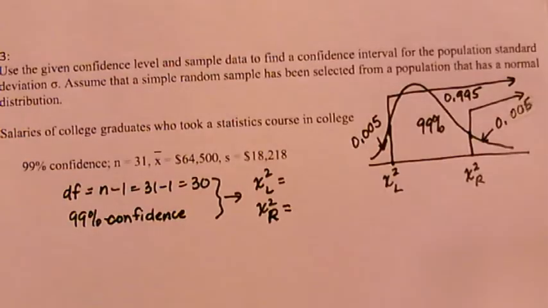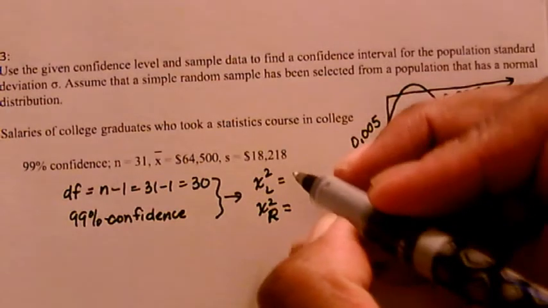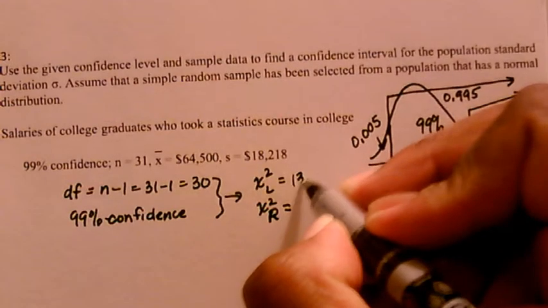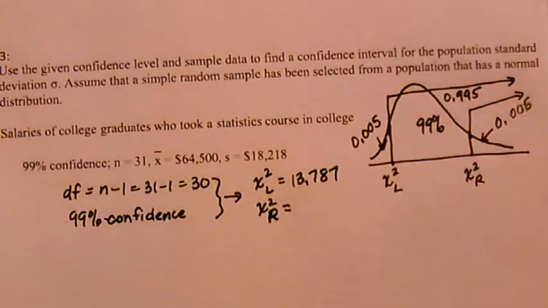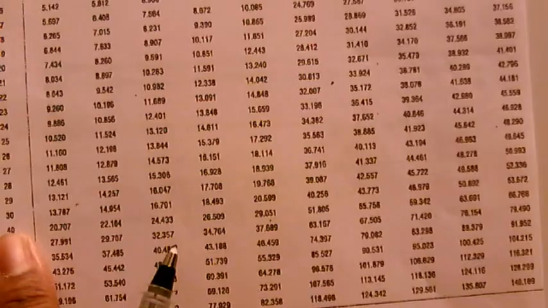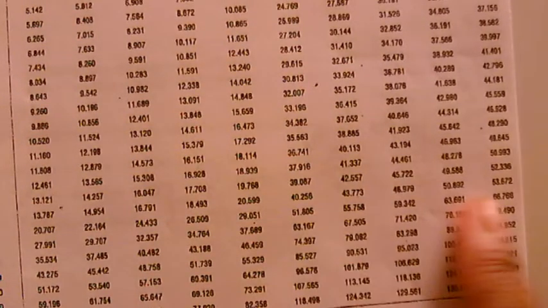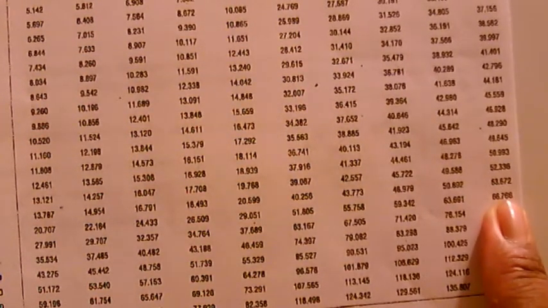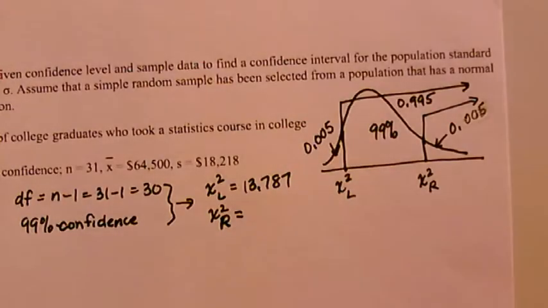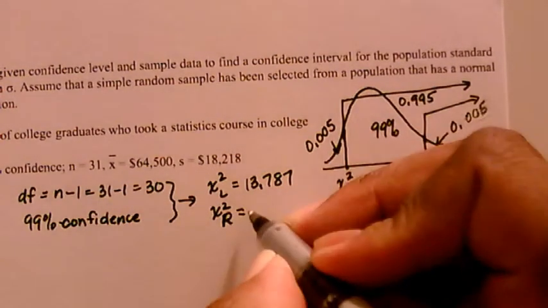So in this case, that chi-square value on the left is 13.787. Now that same 30 degrees of freedom, but this time we're going to go all the way to the end to 0.005, which will be 53.672. So your chi-square value on the right is 53.672.